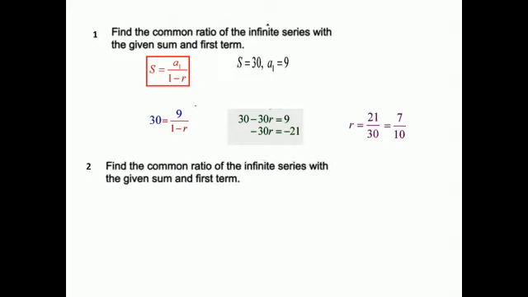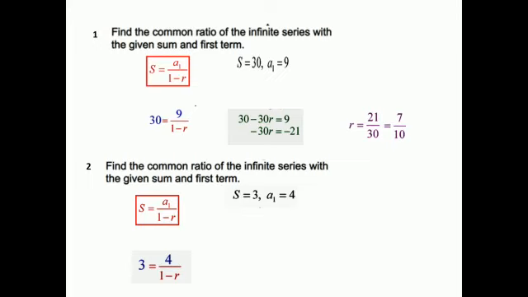Okay, so number 2, find the common ratio of the infinite series with the given sum and the first term. Same pattern. S is equal to 3, a1 is equal to 4. Okay, so you have to write the formula and apply the values. 3 is equal to 4 by 1 minus r.